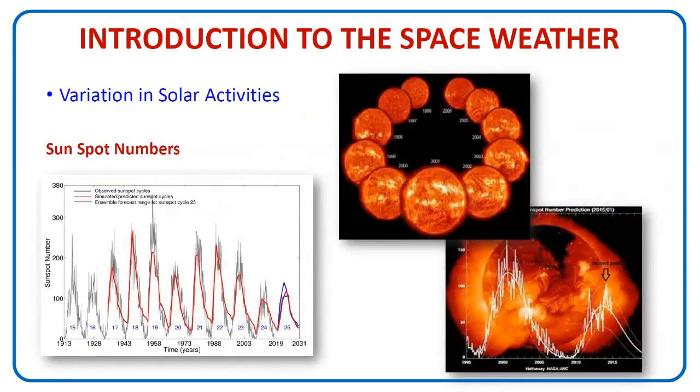Now the solar activity, as we were mentioning, how magnetically active the sun is, follows a definite cycle, and that cycle is actually of 22 years. Now in these 22 years, what is happening?